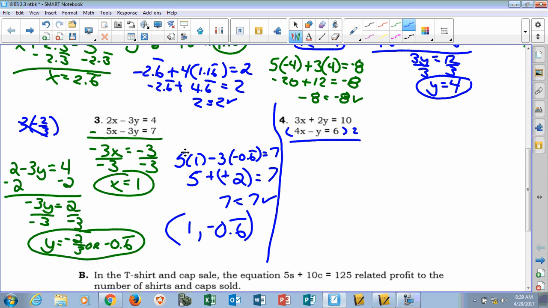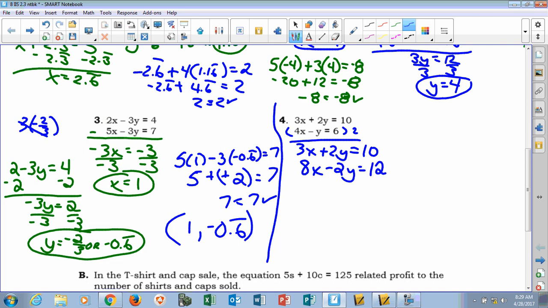So we're going to copy the top one, okay, because we don't need to change that one, right? And now I'm going to take every single term in that second equation and multiply it by 2. So what is 4x times 2? 8x. And then 2 times y is 2y, and 6 times 2 is 12.